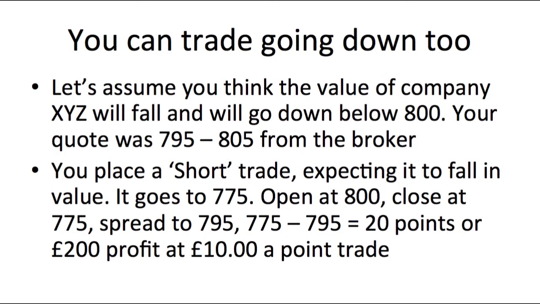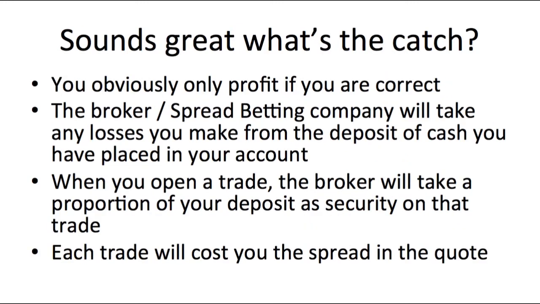You place a short trade expecting it to fall in value, and it goes to 775. Now don't forget, we opened at 800, close at 775. The spread that we were given was 795 on the short side, so 795 minus 775 is 20 points, or £200 profit at £10 a point trade.